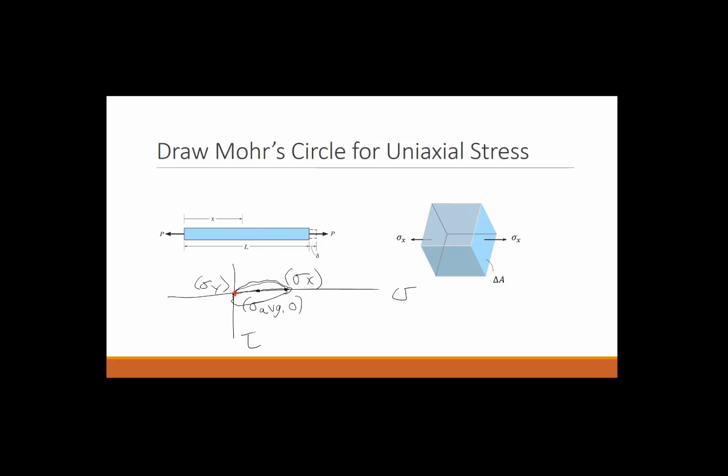Because we know that the other 2 circles are going to pass through 0, and they're going to pass through one of our in-plane principal stresses. So if our in-plane principal stresses are 0 and sigma x, and our third principal stress also has to be 0, we're going to have one circle whose principal stresses are 0 and 0, which means it's collapsed into a point.